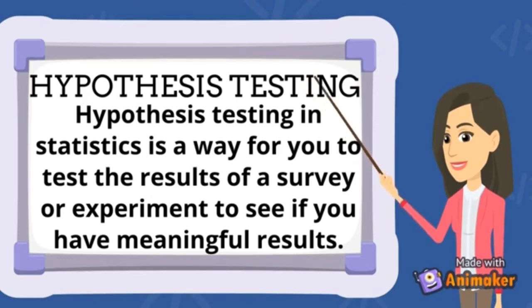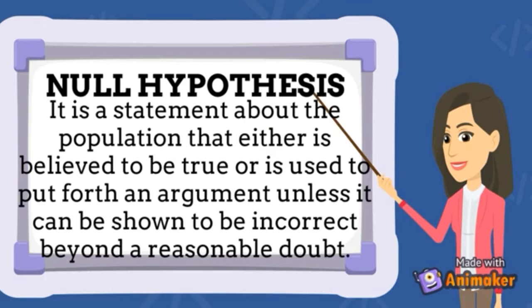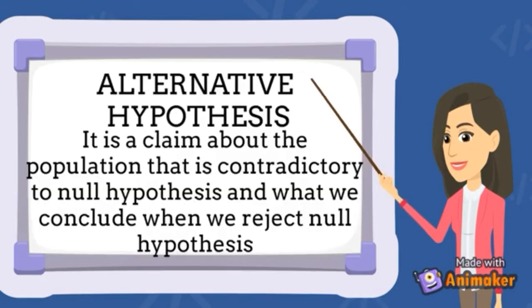So we have null hypothesis. Null hypothesis is a statement about the population that either is believed to be true or is used to put forth an argument unless it can be shown to be incorrect beyond a reasonable doubt. On the other hand, we have alternative hypothesis.